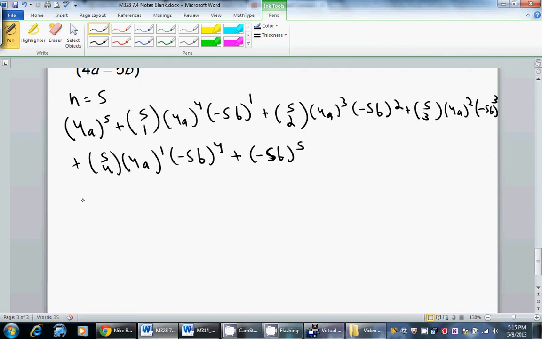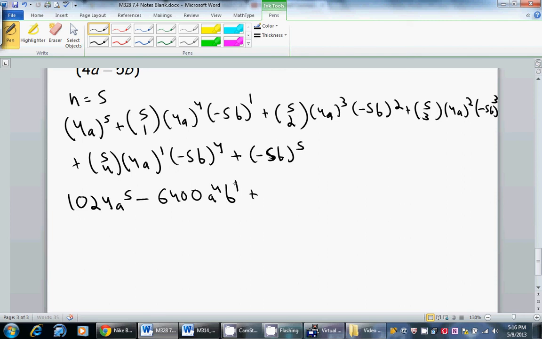So 4a to the fifth. 4 to the fifth is 1,024, so that's going to be times a to the fifth. Now the second term is going to be negative because you have a negative 5 to the first power at the end. So negative 5 times 4 to the fourth times the binomial coefficient of 5 and 1, which is going to be just 5, by the way, is 6,400 a to the fourth times b to the first.